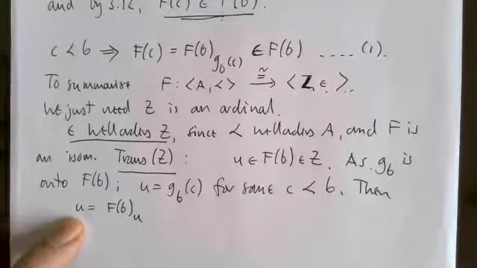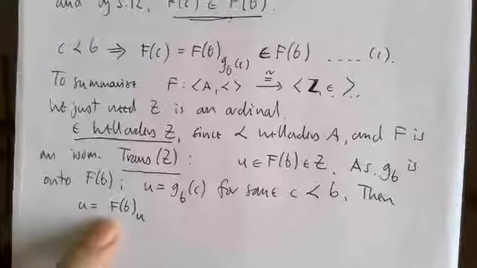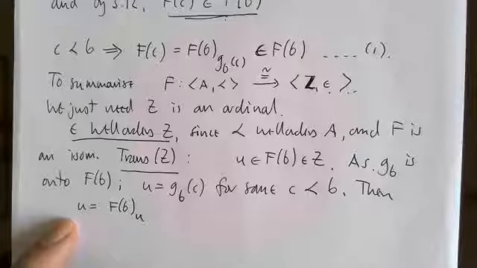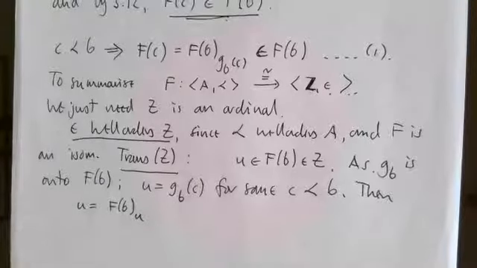So any initial segment of the ordinal determined by an element is that element itself. I never memorize which lemmas are which. I think this is 3.12 again. It's 3.12.